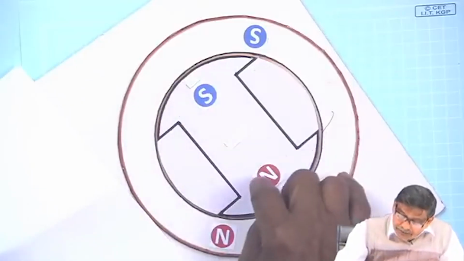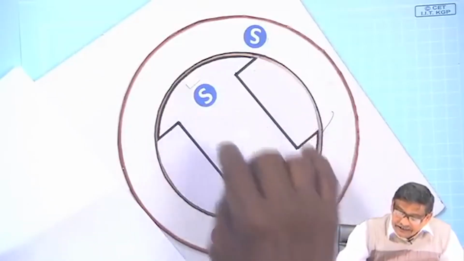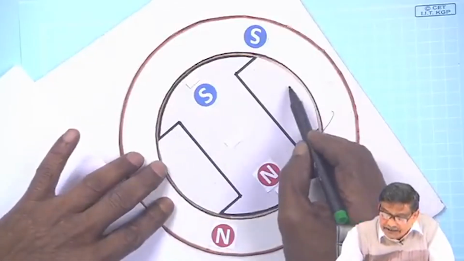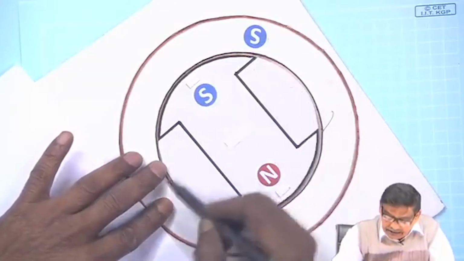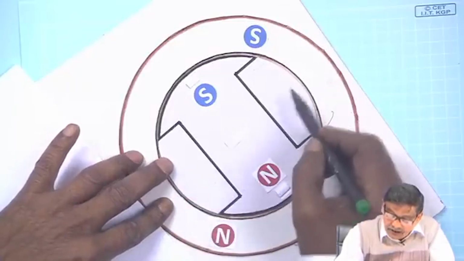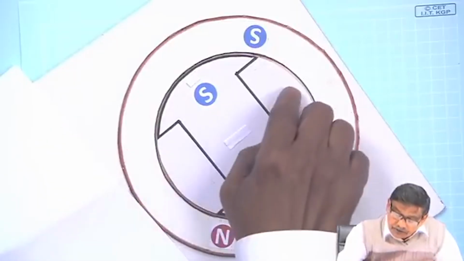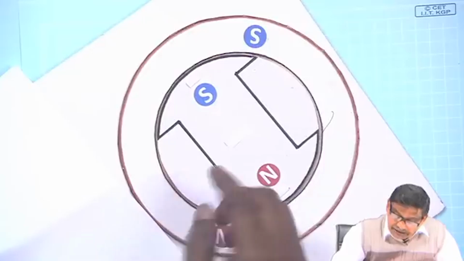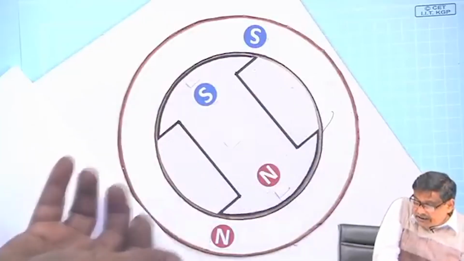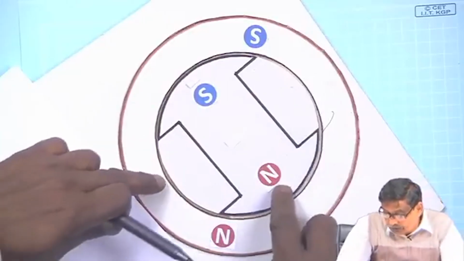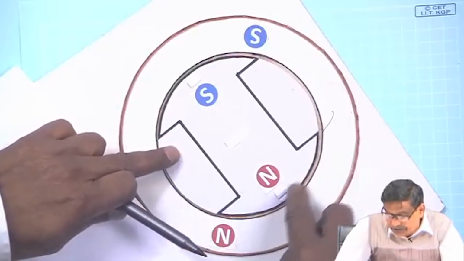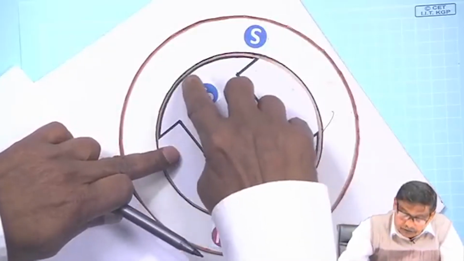How could this rotor field be created in this direction? Rotor may have some coils here in these slots, and if you cross current here, dot current here, cross current here, dot current here, it will create a north pole. North pole is on the outer surface of the rotor, south pole is on the other side.